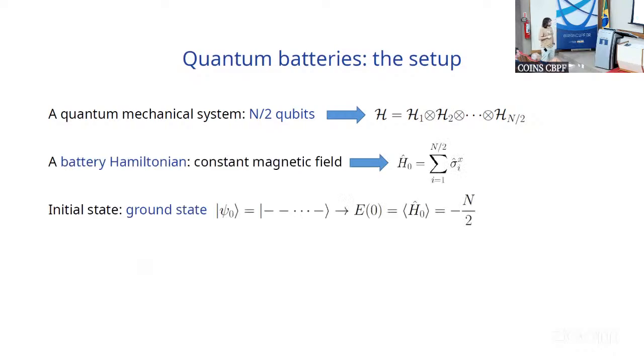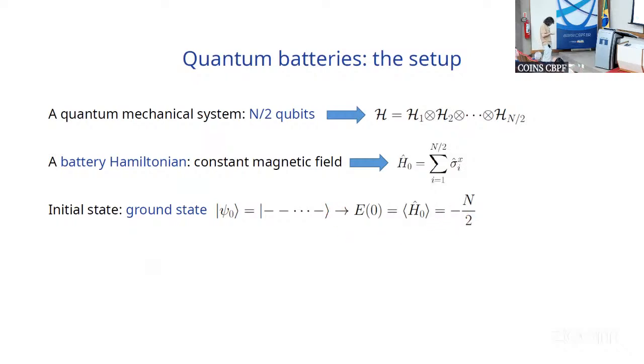And our battery Hamiltonian will be a very simple Hamiltonian, a single particle Hamiltonian, in which I put a constant magnetic field along the x-axis, and that's it. So the battery Hamiltonian is this, and I start my protocol in the ground state. So I put my state in the state minus, minus, minus, minus, and the initial energy is, of course, minus n divided by 2.